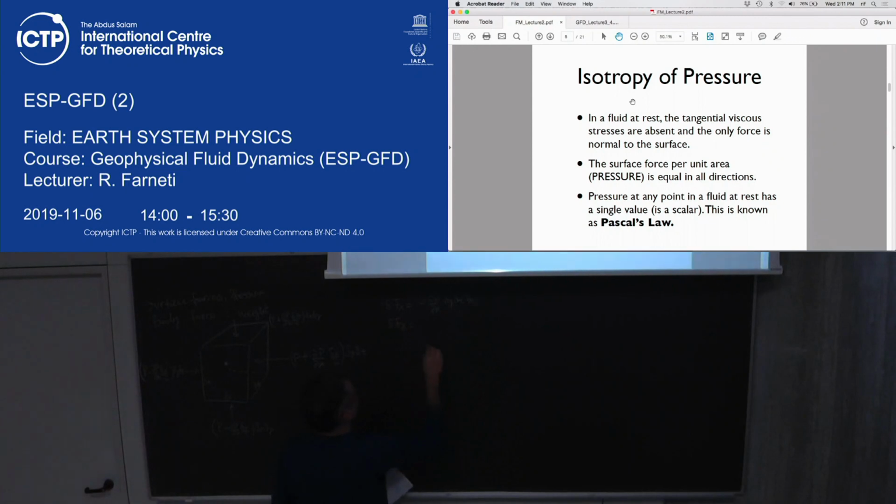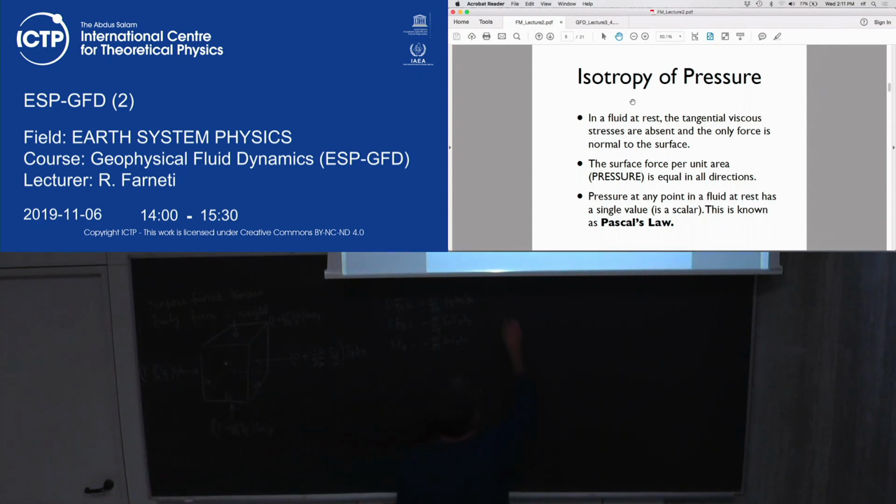The sum of the forces in y, and all the forces in the z direction, dx, dy, and dz. Okay, it's just one minus the other, so we are just left with the partial derivatives.